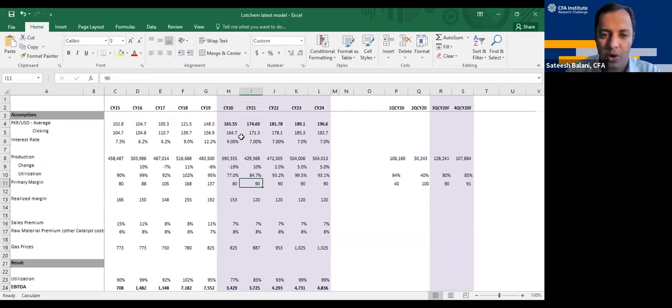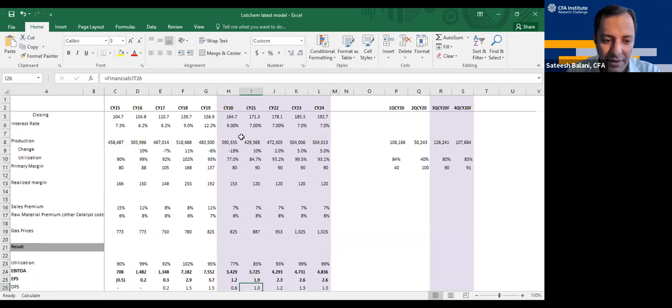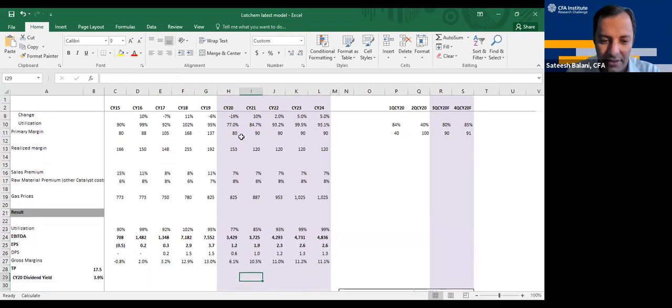So this is a model of a listed company, Lotte Chemicals. This is just an exchange rate assumption. This is an interest rate assumption. This is the production that I'm assuming that this company will be making. This is a change in product. This is just calculated on the utilization of the company. What is the company's capacity and what is the utilization? Then there is a primary margin assumption, realized margin assumptions, and based on that, I get EBITDA and earnings of the company. And this is my target price.